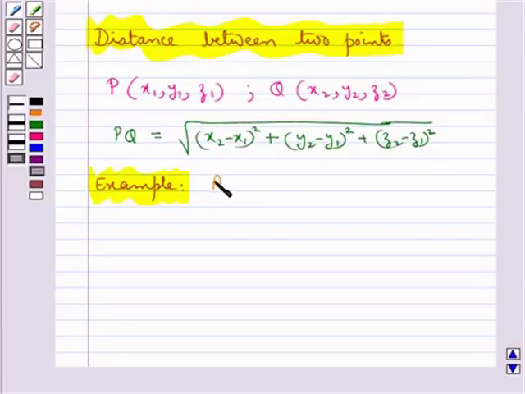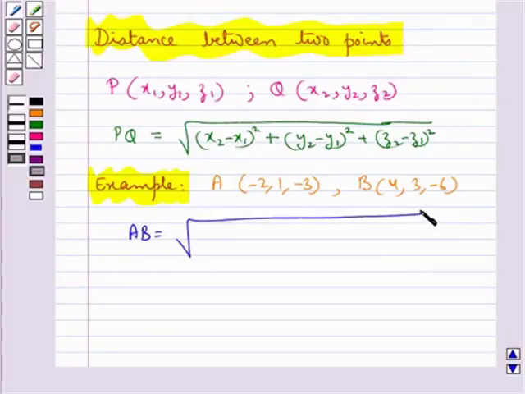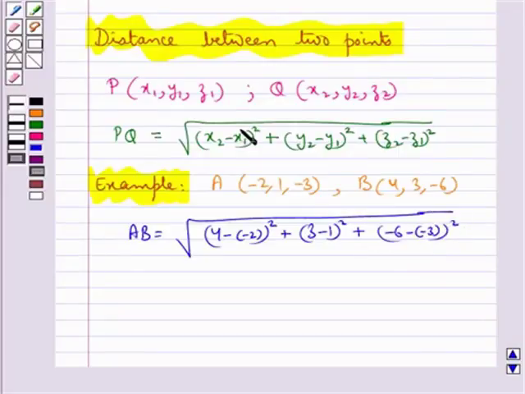Suppose we are given a point A with coordinates -2, 1, -3 and a point B with coordinates 4, 3, -6. Now the distance between the points A and B given by AB is equal to square root of x2 minus x1, that is 4 minus of -2 the whole square plus y2 minus y1 the whole square plus z2 minus z1 the whole square.